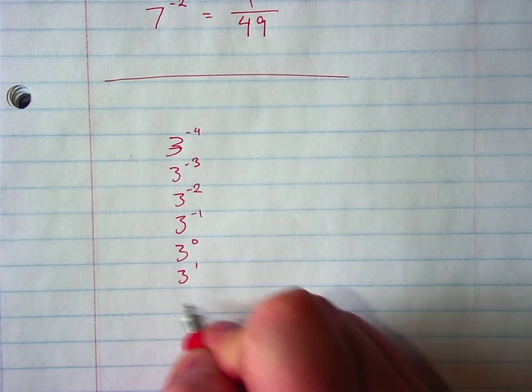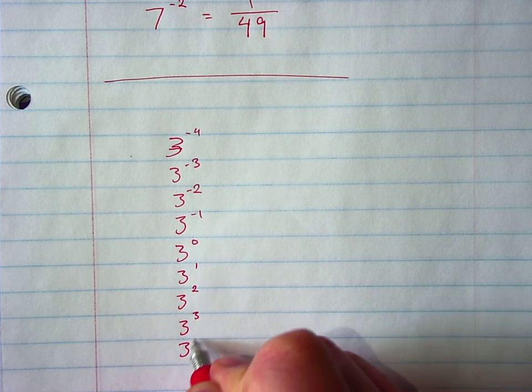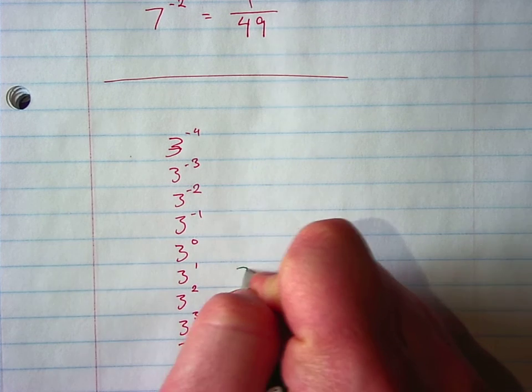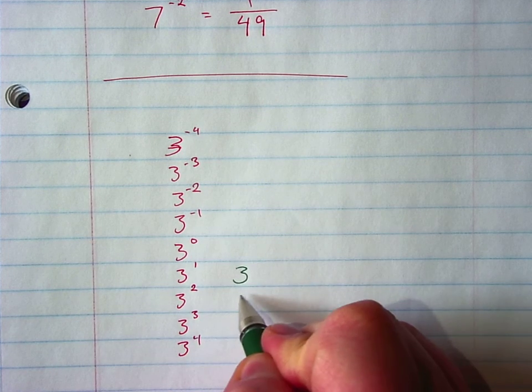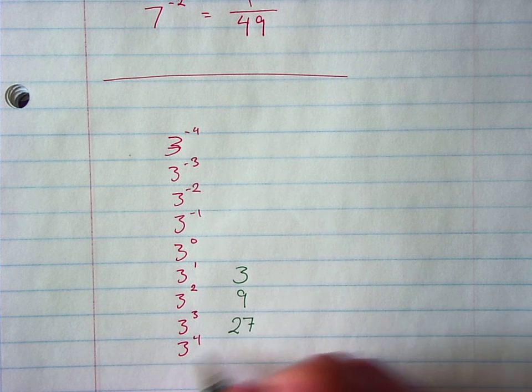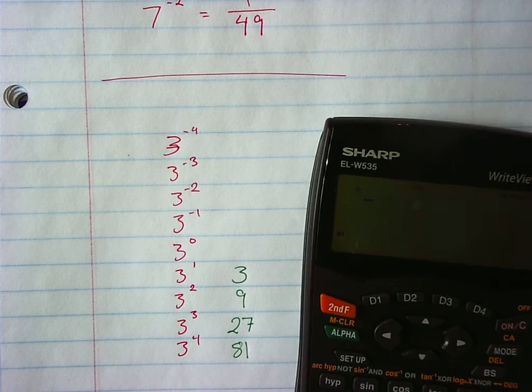Let's start with 3 to the first. That's really easy. That's 3. Times 3 is 9. Times 3 is 27. Times 3 is 81. You can double check right on the calculators. 3 to the fourth, 81. And it absolutely is.